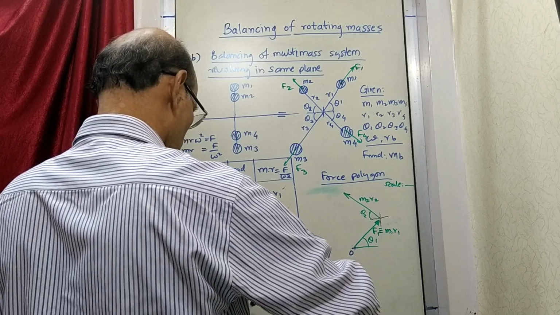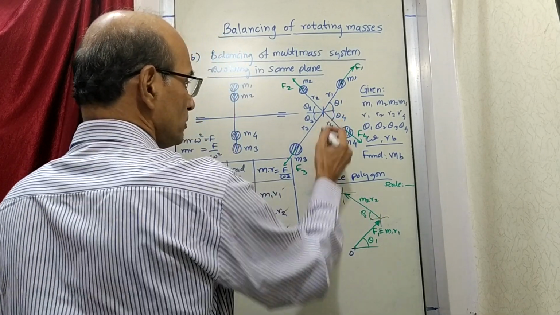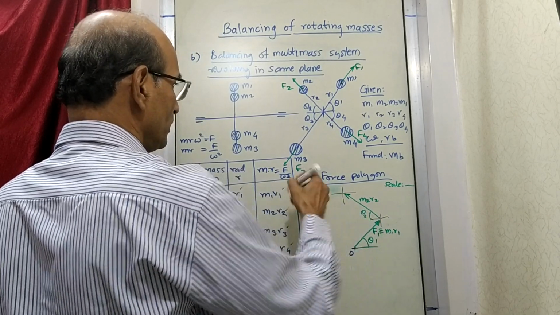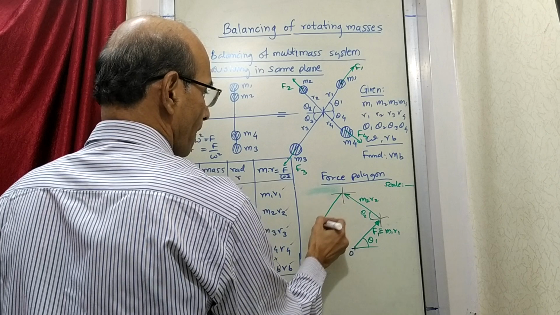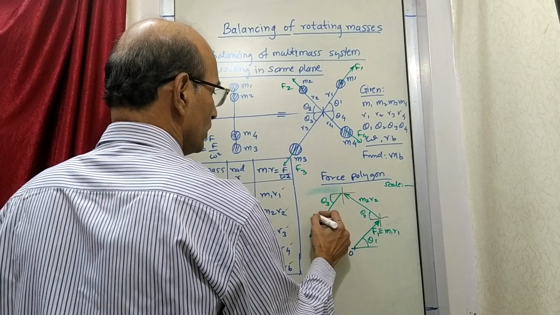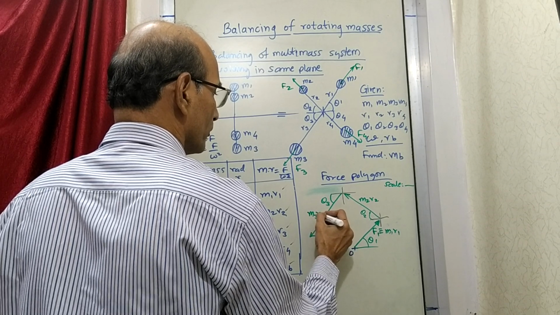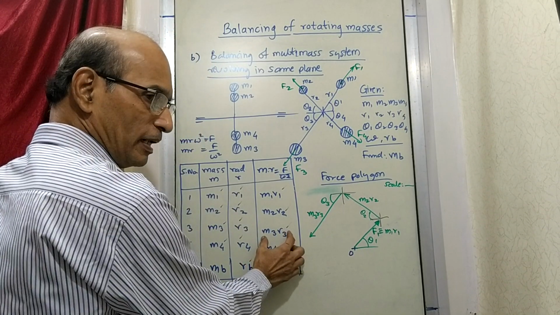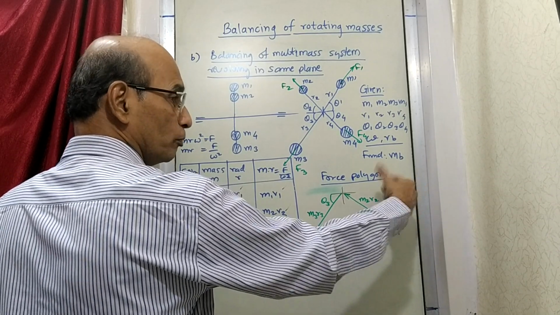Now again we draw axis, and then we are going to draw the third line along F3. Like this, we draw a line at an angle of theta 3, which is representing F3, meaning M3 R3. This M3 R3 number is converted by a suitable scale into millimeters.